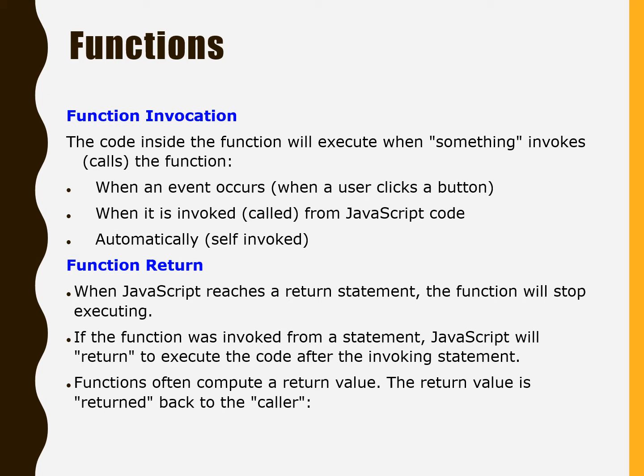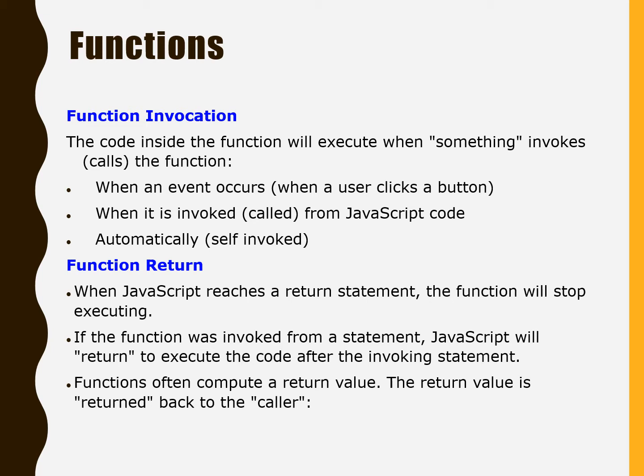Now we see what function return is. When JavaScript reaches a return statement, the function will stop executing. So normally the JavaScript function ends with a return statement. The execution of a function will stop whenever it reaches a return statement. If the function was invoked from a statement, JavaScript will return to execute the code after the invoking statement.